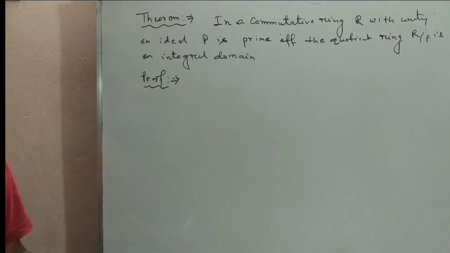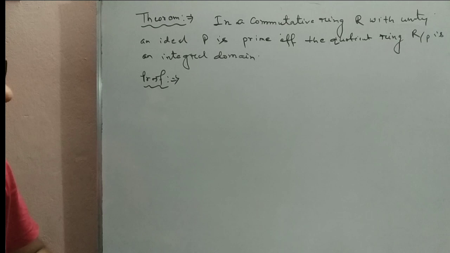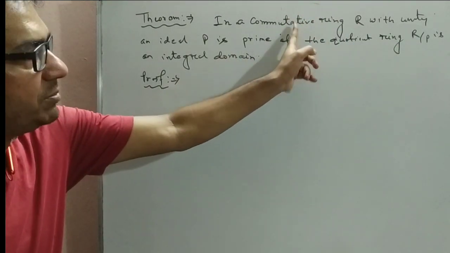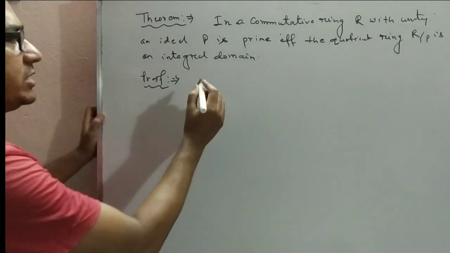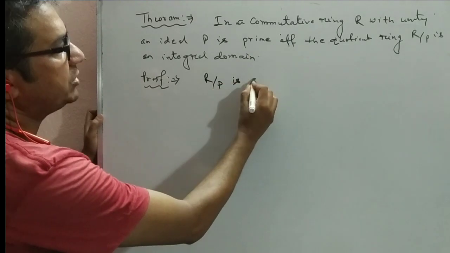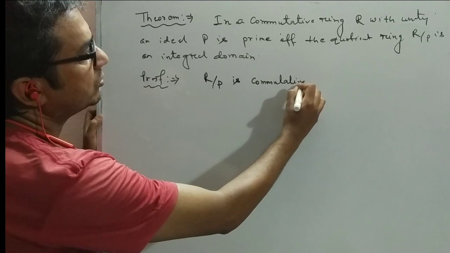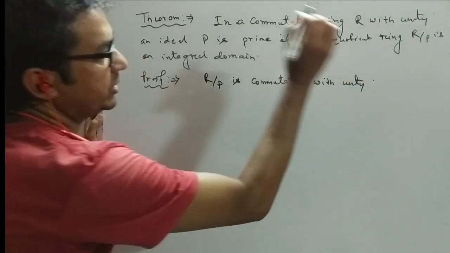Here we first let P be a prime ideal, and it is also given that R is a commutative ring with unity. So we must say that the quotient ring R/P is commutative with unity.